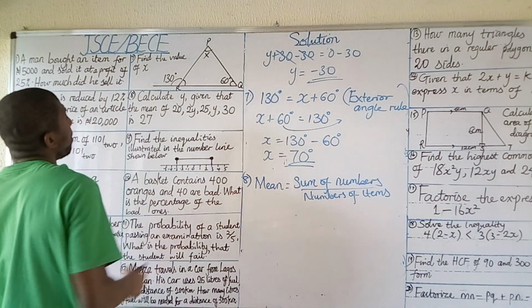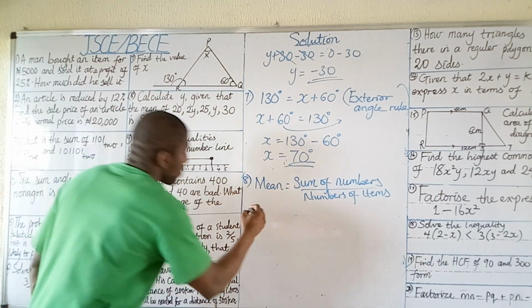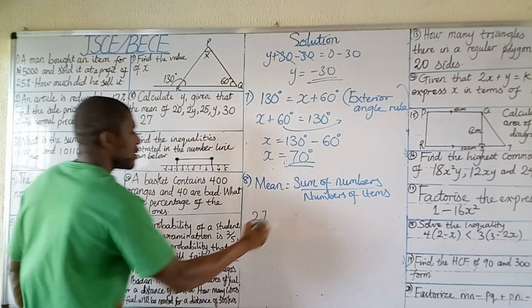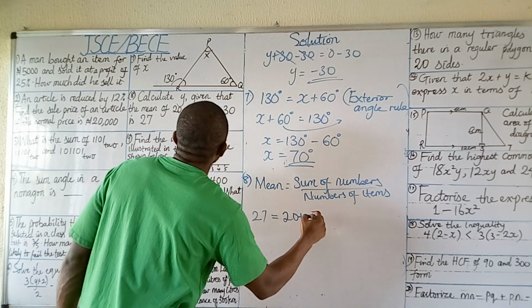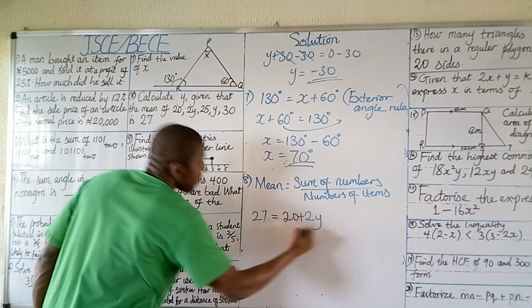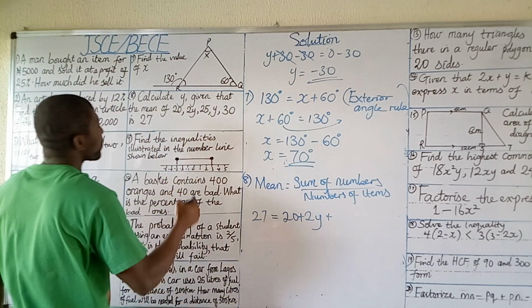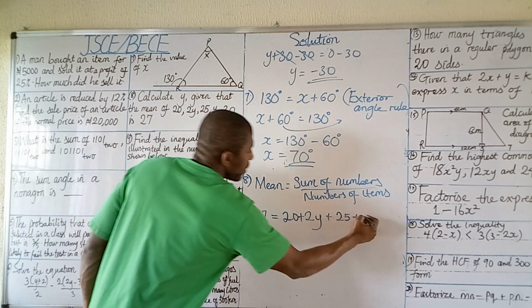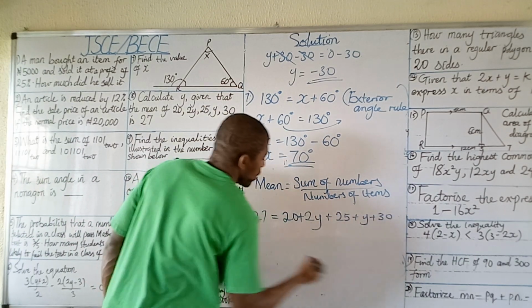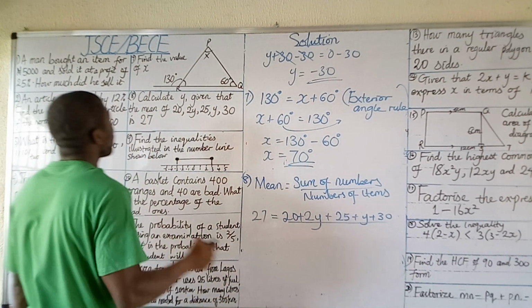We have our mean given to us as 27. So we write 27 is equal to, we add up these numbers: 20 plus 2y plus 25 plus y plus 30, all over how many there are.